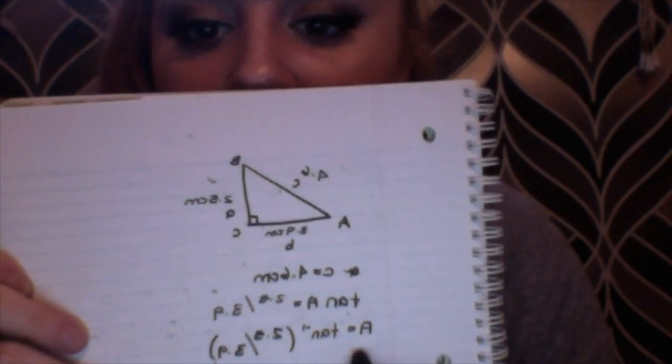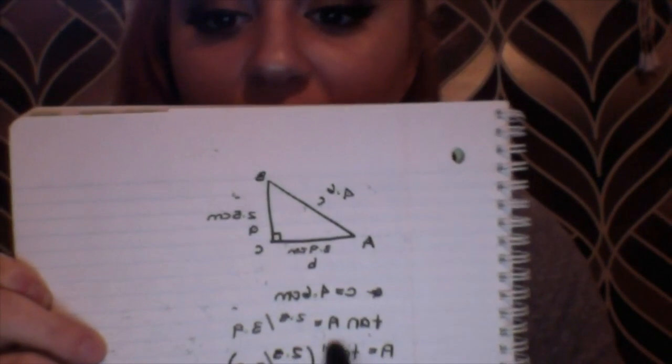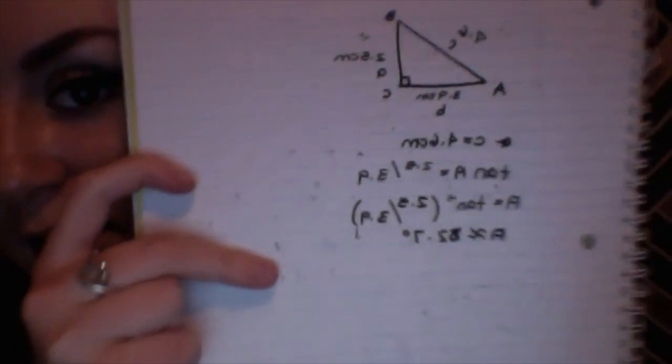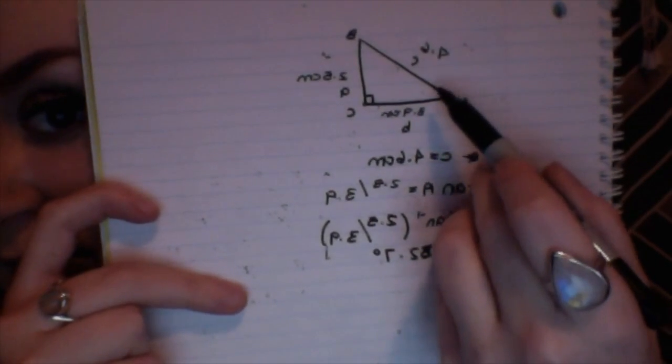So A equals tan^-1 of 2.5 over 3.9. So just going to grab our calculators and figure that out. The answer should be A approximately equals 32.7 degrees. Alright? Just like that. And that's the angle of this.